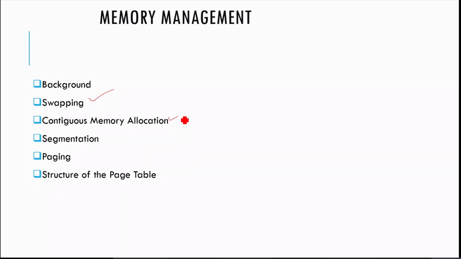Contiguous memory allocation means how the processes will be allocated into the memory. Then we have the segmentation technique and paging technique for memory management, and some data structures for the page table. These concepts we will learn here in this unit, memory management.